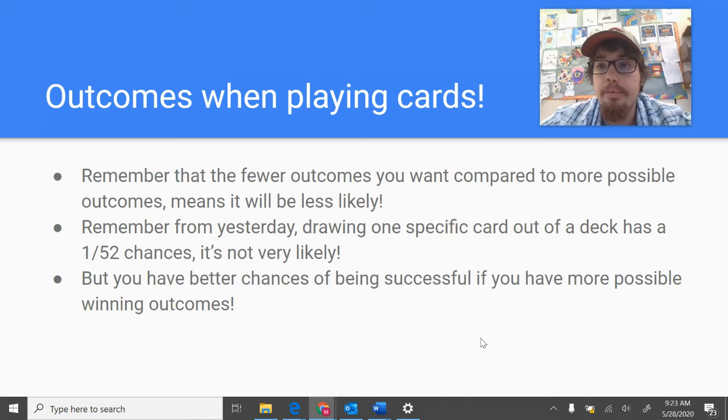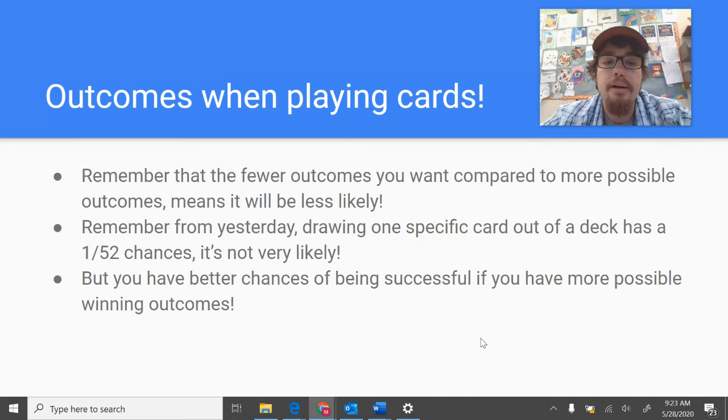So from yesterday, when we talked about, I think I did Queen of Hearts yesterday, I said when you draw a card and you're hoping for the Queen of Hearts, see, I didn't get it, you only have a 1 in 52 chance. It's not very likely. So drawing one specific card from a shuffled deck is 1 out of 52. So it's pretty unlikely that that's going to happen.